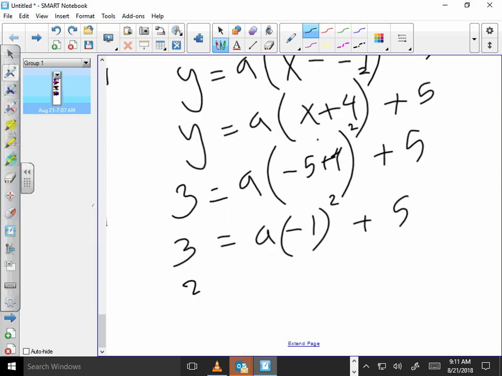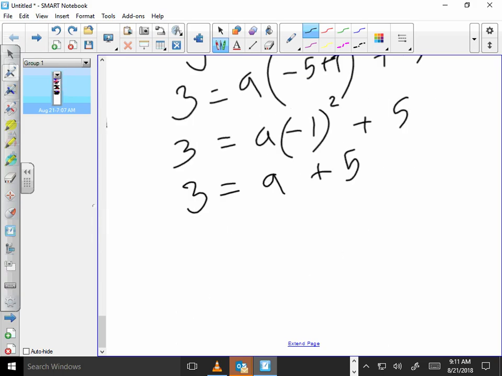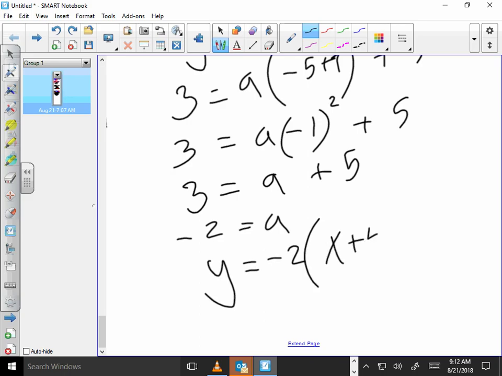So I'm going to have 3 equals a plus 5. Or when I subtract 5 from both sides, I'll get a equals negative 2. Am I done at this point, Christian? What do I still need to do? Y equals negative 2, x plus 4. Don't forget this was a squared function, shifted up 5.